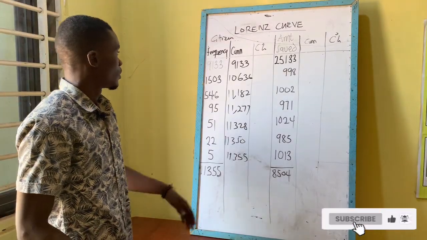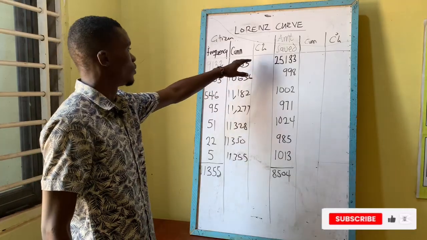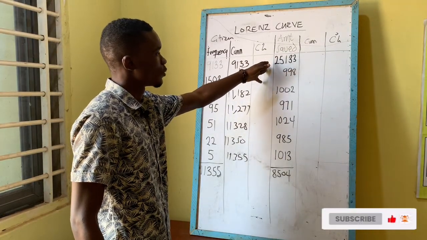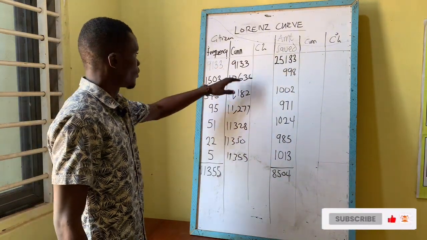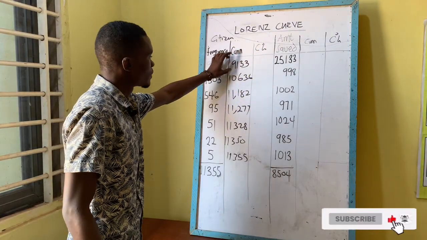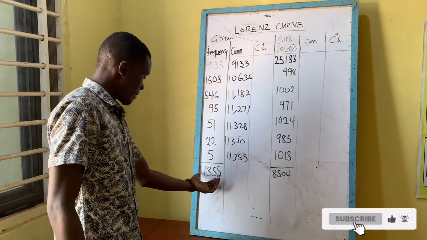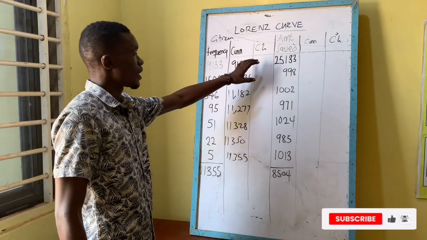So after we are done with this one, the next thing that we have to construct is the cumulative percentage frequency. Pardon us for the space, the board is not big enough, but we will try and maintain the space being given. So for the cumulative percentage frequency, you first take the first digit, then you divide by this 11,355, then you multiply by 100.